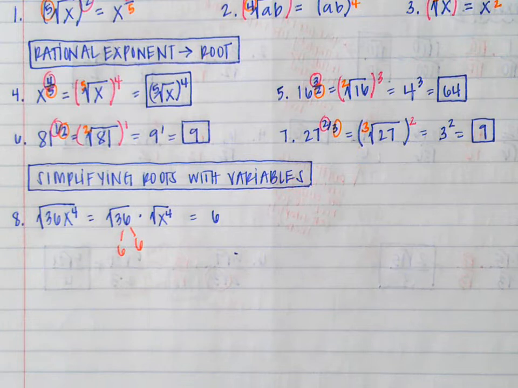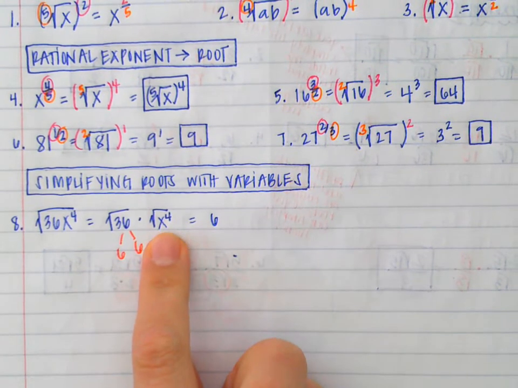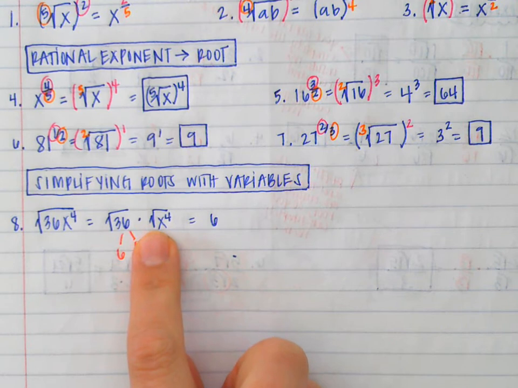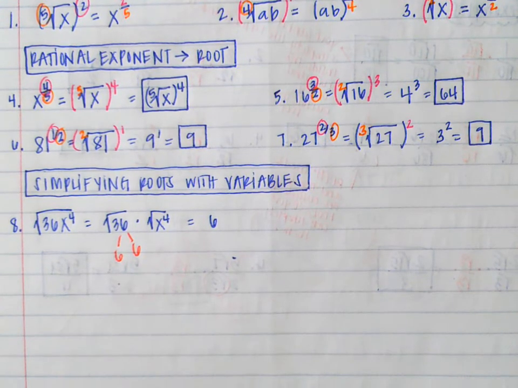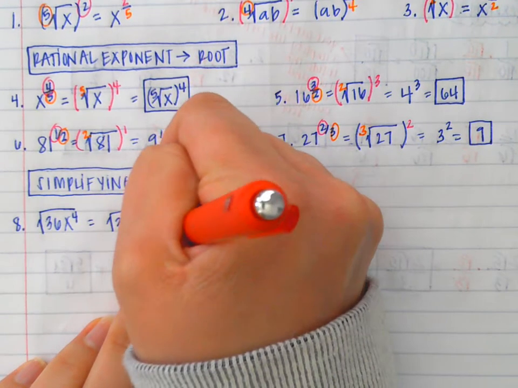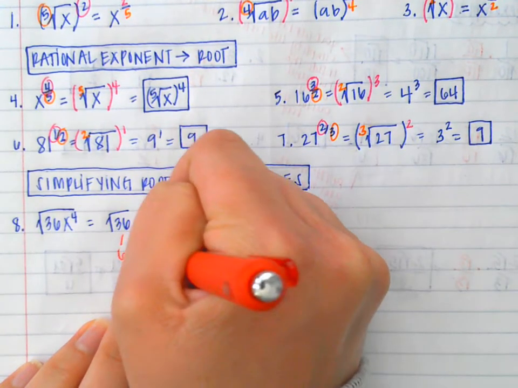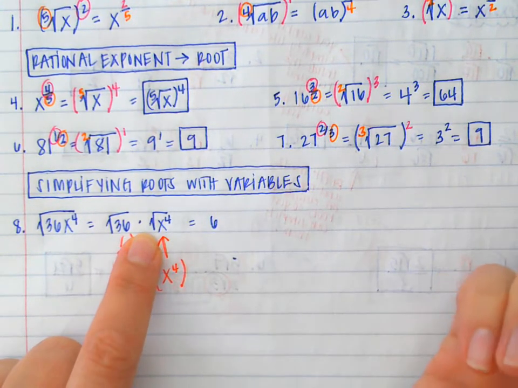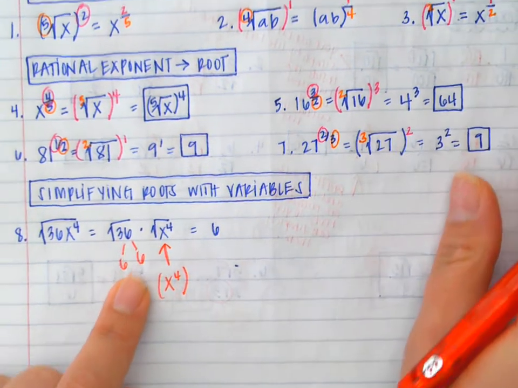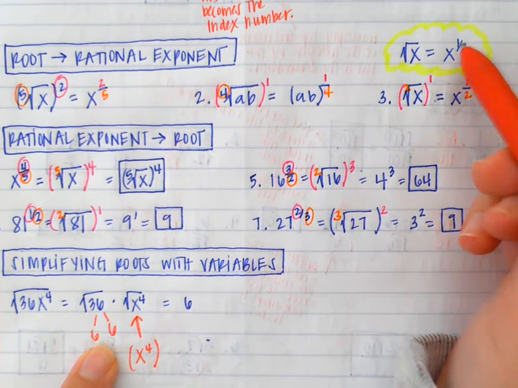Now, using what we know about radicals and rational exponents, I can rewrite this as x to the fourth to what power? The square root we know is the same as 1/2. We have that information up here.